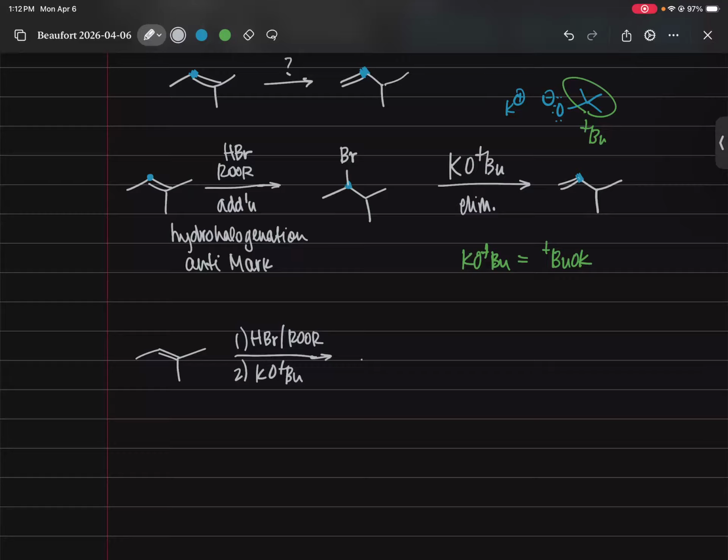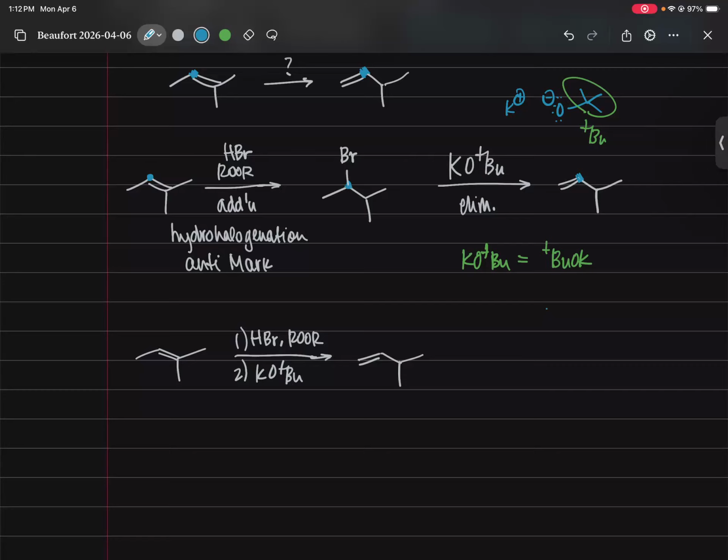Right, and so we can write this for our abbreviated synthesis. For the HBr and peroxide, where both of those reagents are used at the same time, you can use a slash, a comma, a plus sign, anything except a separate step number, right?